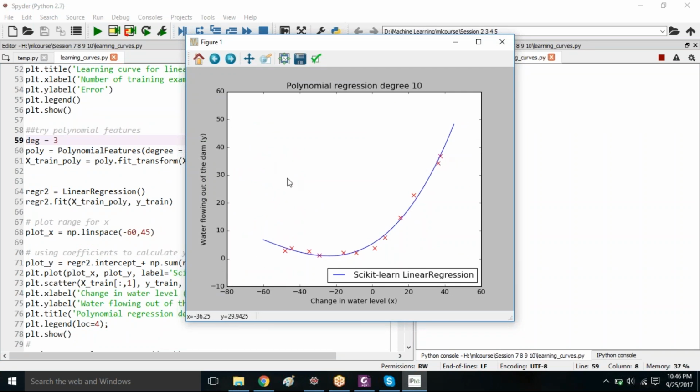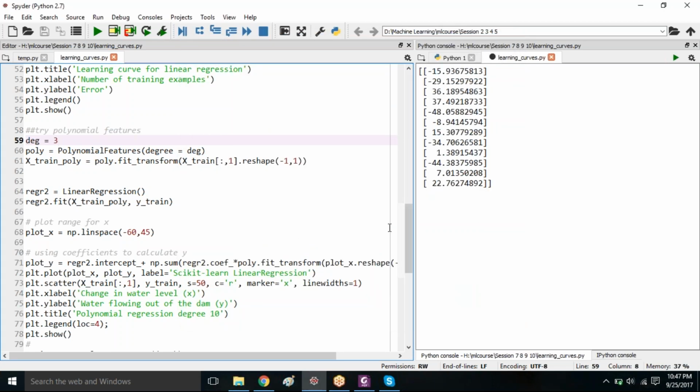But when I am doing degree 10, this shoots to minus 400 or 500. That's why the data points seem to be on a straight line, but they are actually varying between 0 and maybe 35 on the y-axis, isn't it? So that's how you can fit a polynomial curve also.